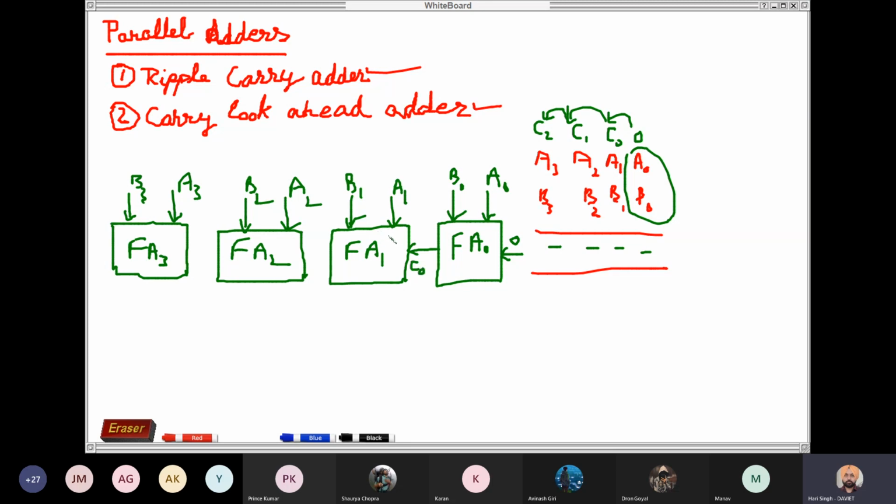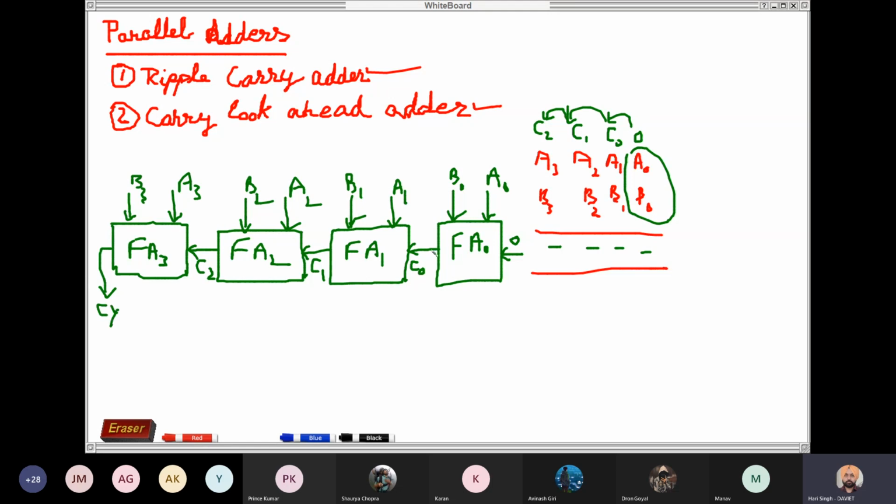It is provided as input to FA1 as carry. Similarly, carry generated from FA1 is given as input to FA2, and carry generated from FA2 is given as input to FA3, and finally carry obtained from FA3 will be used as the final carry output. So let it be CY.